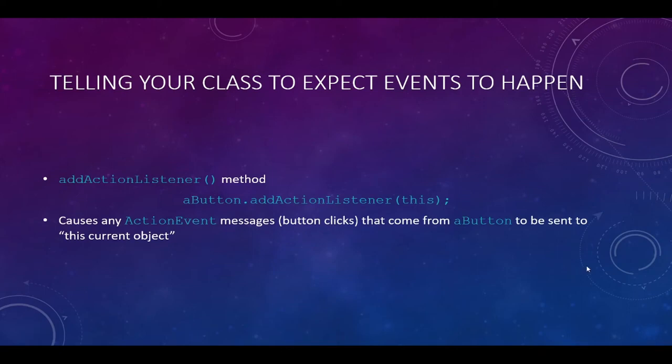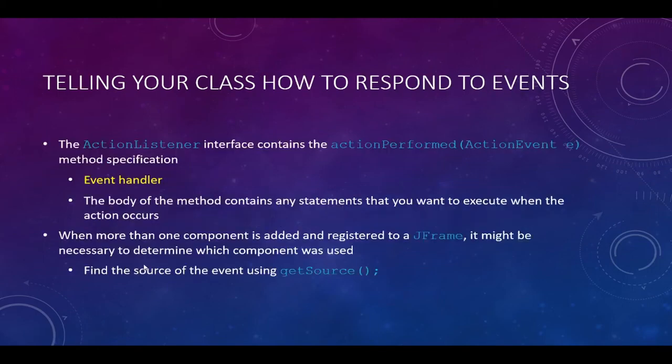This is going to cause an action event message, or a button click, right? Any kind of event that comes from this component, which in our case is a button, to be sent to this current object. Because this current object is going to know what to do when we have that event.